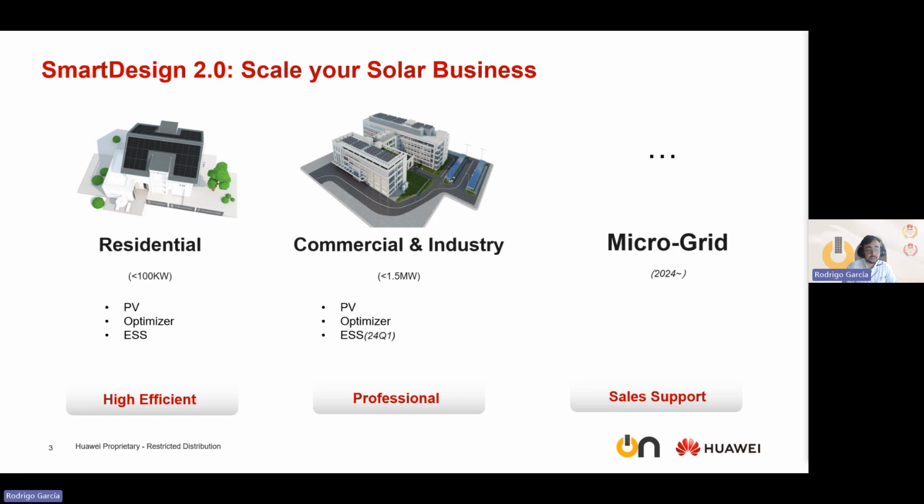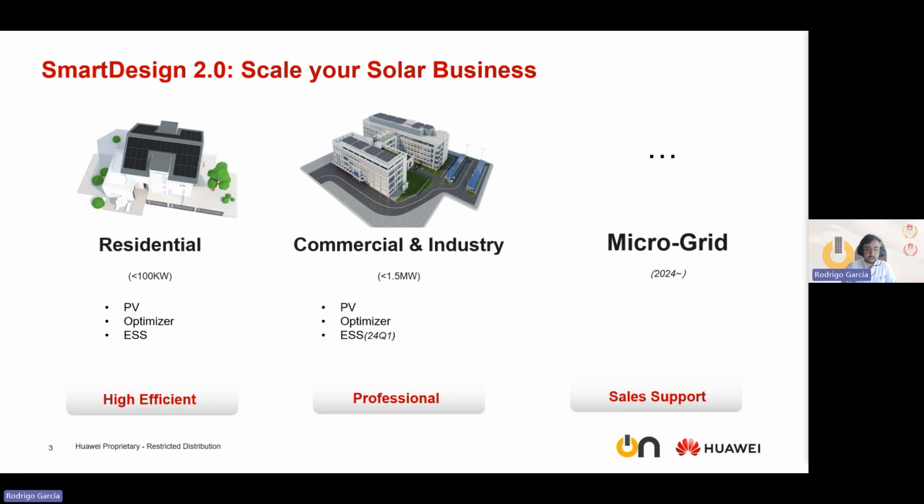Then we have the commercial and industrial solution. These designs are for solutions that are less than 1.5 megawatts of photovoltaic installation. As always, you can also add optimizers if needed and Luna 2000 ESS for the CNI solution, right?